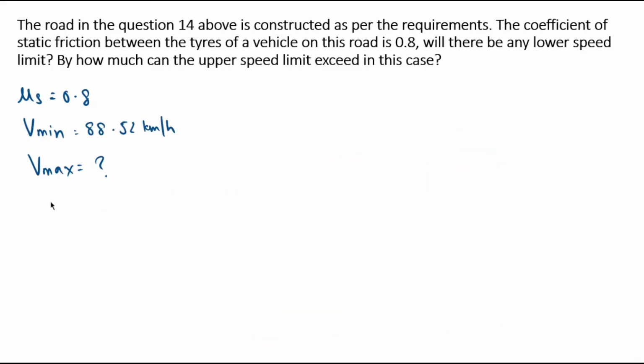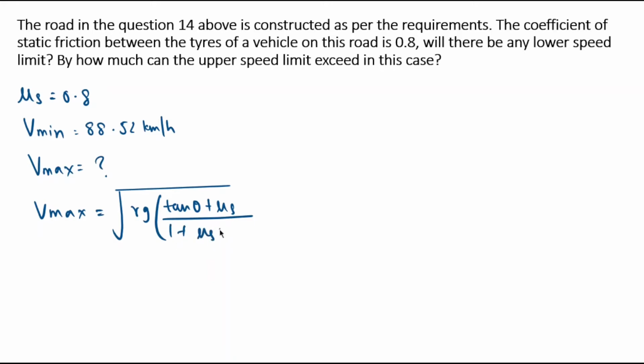Now what they have said is, by how much can the upper speed limit exceed in this case. So the formula for V max is equal to root under Rg tan theta plus mu s upon 1 plus mu s tan theta. Sorry, here minus will come. Okay, so let's see a condition here.